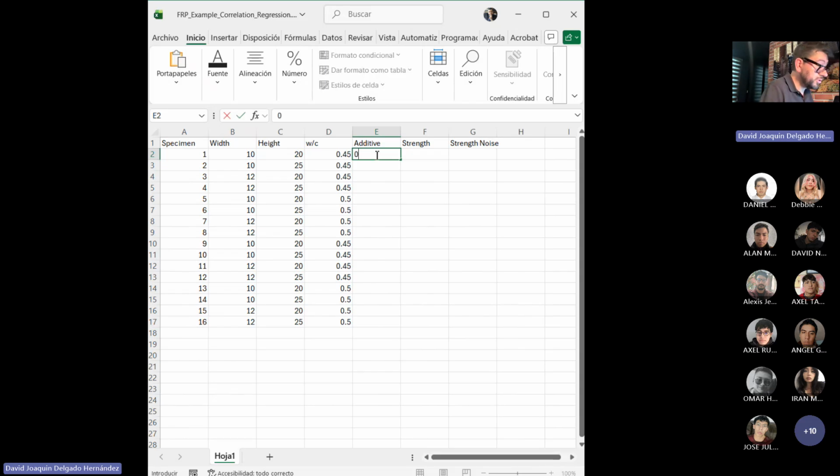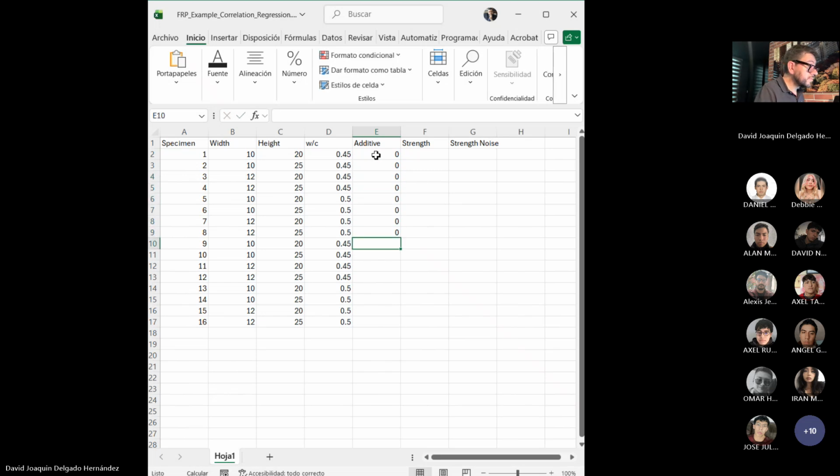So you just put 0, 8 times. And the second set of specimens, they are going to have the additive. So let us put number 2. Let us put 2 additives together, okay?